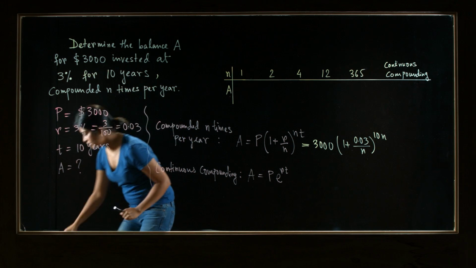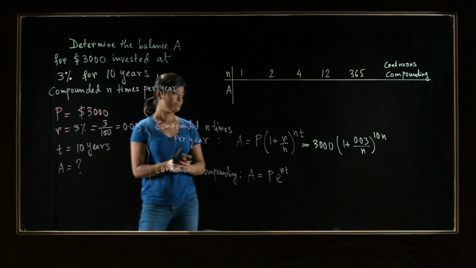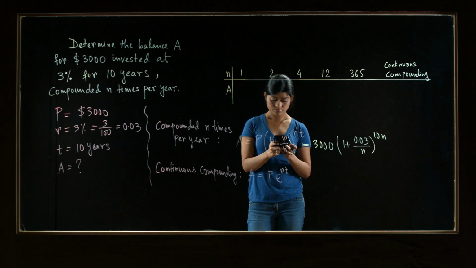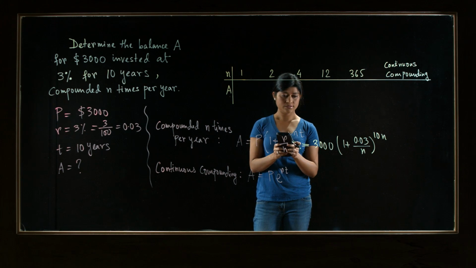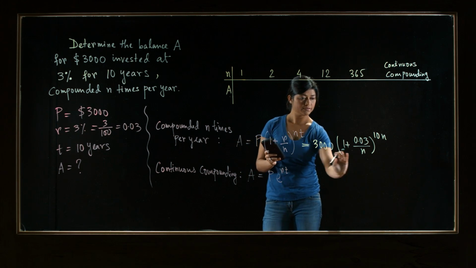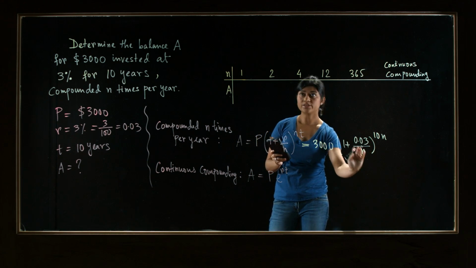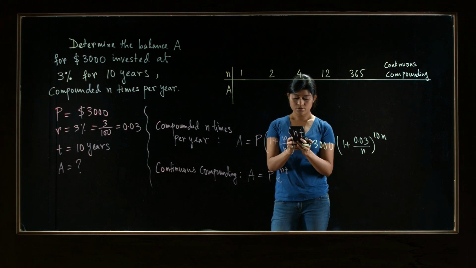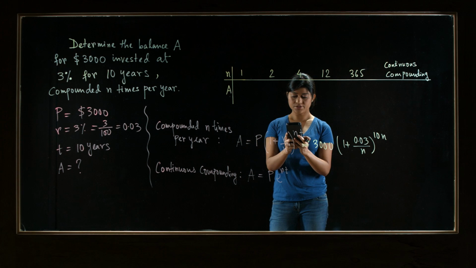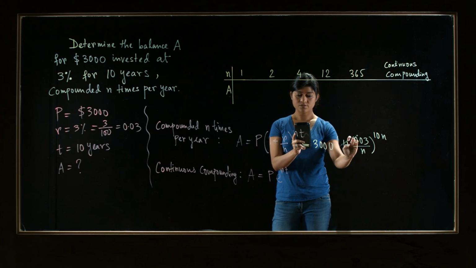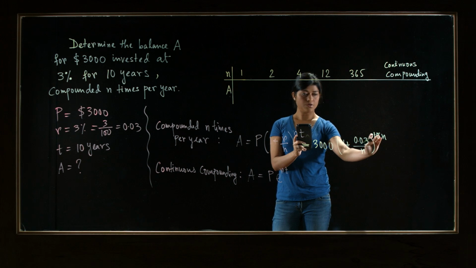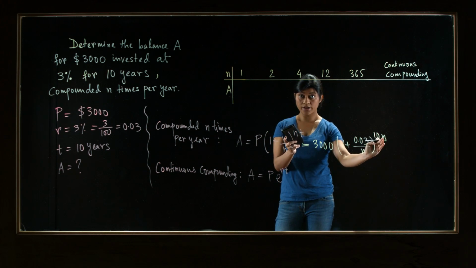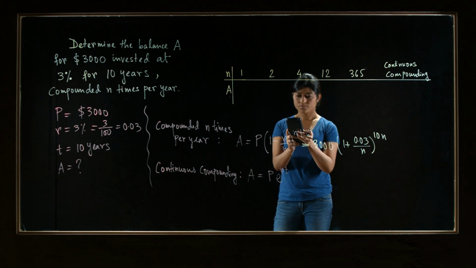Now, let us plug in various n values and figure out what our balance will be. In order to do that, let's pick a calculator and let us plug in this entire formula starting with n equals 1. So for n equals 1, we have 3,000 times 1 plus 0.03 over 1 to the power 10 times 1, so it's just 10.